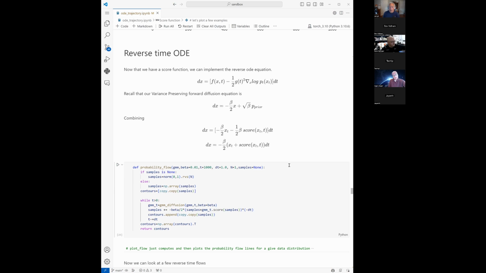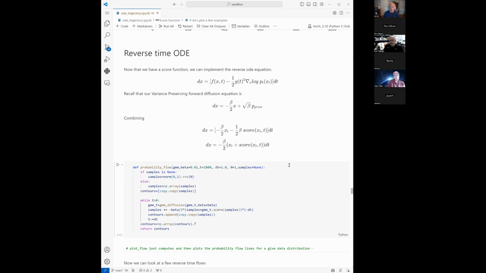And then this minus beta times x is a growth when you're going in reverse time. It's a decay when you're going forward in time, but it's a growth when you go in reverse in time. So it's trying to grow the data, and then the score function is pushing you back towards where the main density of the data is. And that's the balance that guides the trajectory.